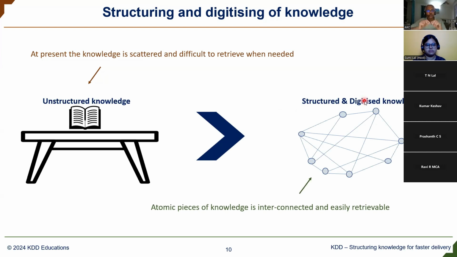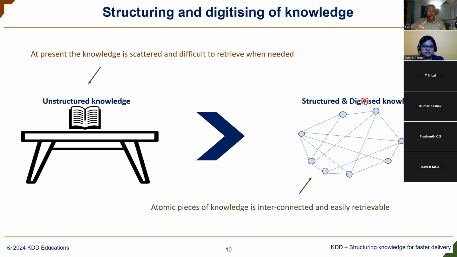To do that, the first thing DKF is doing is to pick up that knowledge at a micro level, or what we call an atomic piece of knowledge. So capturing knowledge at the most granular level, which becomes the ultimate lowest level of knowledge that cannot be broken down any further.